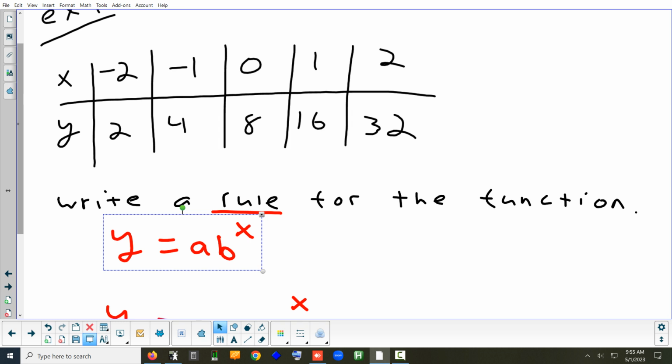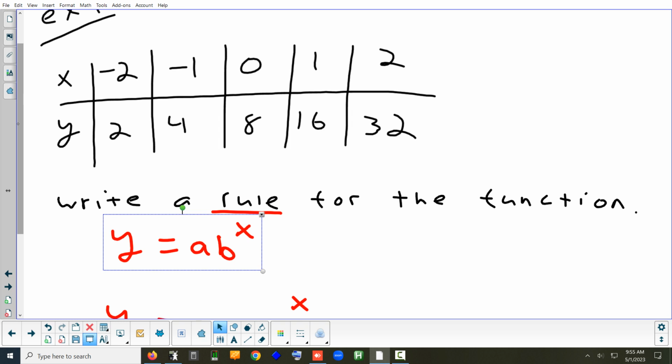It says a is, and then it tells you what to do. A is the y value, so you're picking a number from the y row. And he said the y value when x is 0.